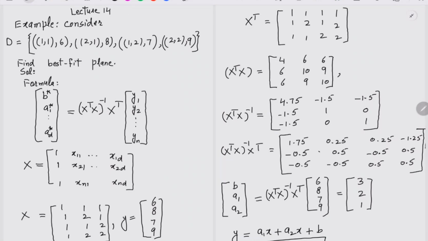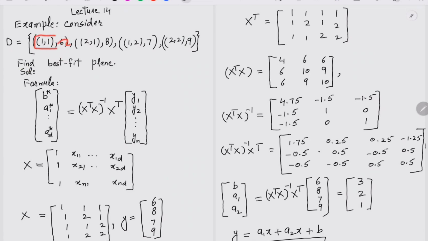First of all, the data is given. The data is given over here, and there are 4 points: 1, 2, 3, 4. If you look at the points, how do they look?